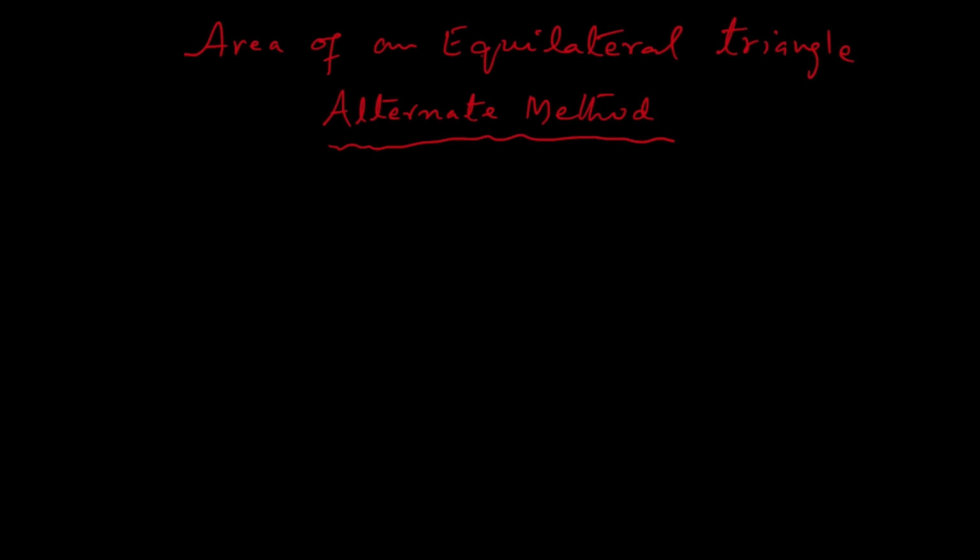Now here we shall use the trigonometric formula. This method is helpful to students who belong to 10th class or higher. We'll draw a small equilateral triangle. Let this be an equilateral triangle ABC.